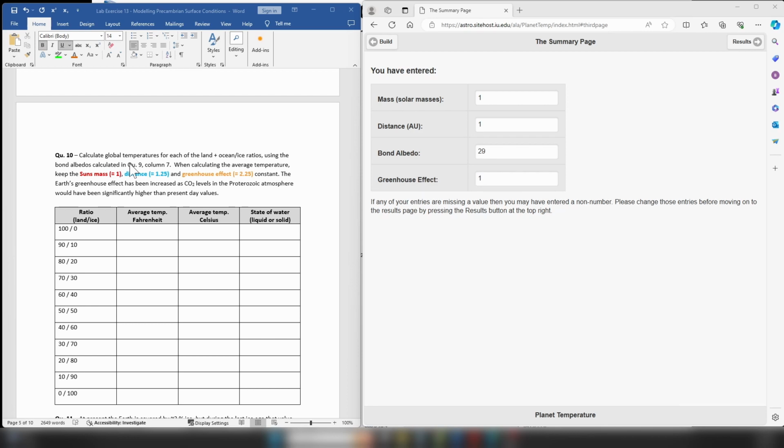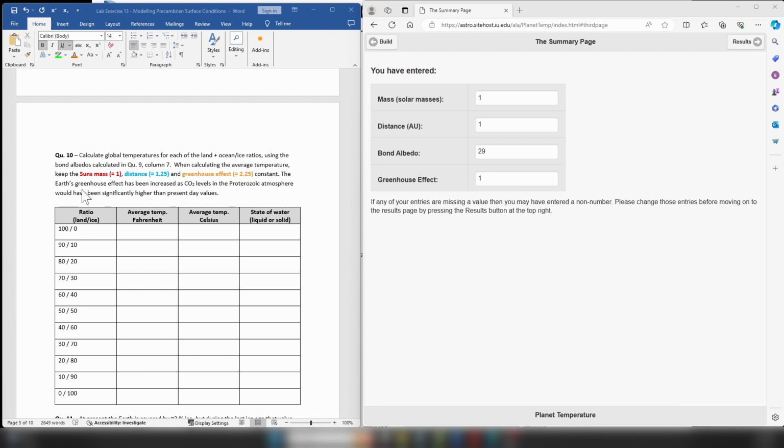So by increasing the distance, we are slightly decreasing the amount of solar energy that the planet Earth would be receiving. And we're going to put the greenhouse effect at 2.25 because we know the greenhouse effect in the Proterozoic would have been stronger than the present day.